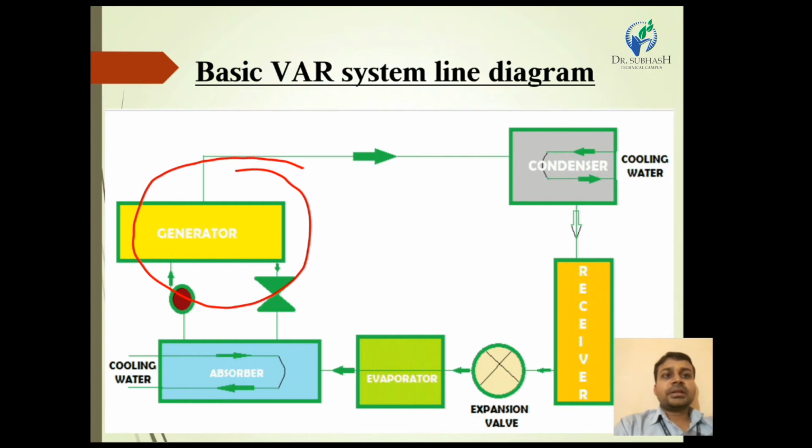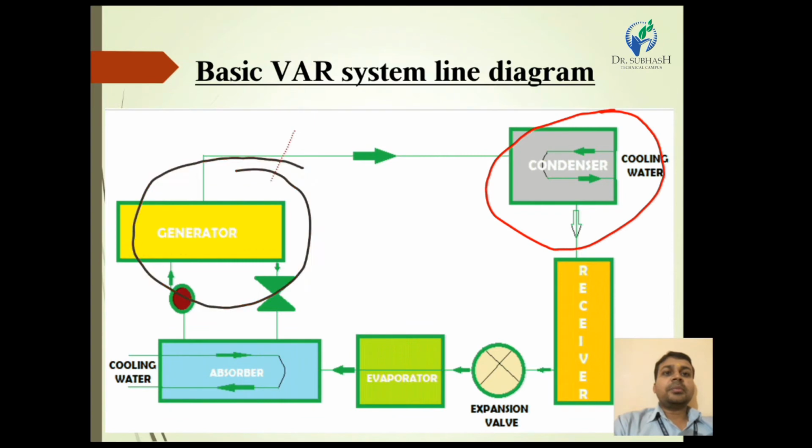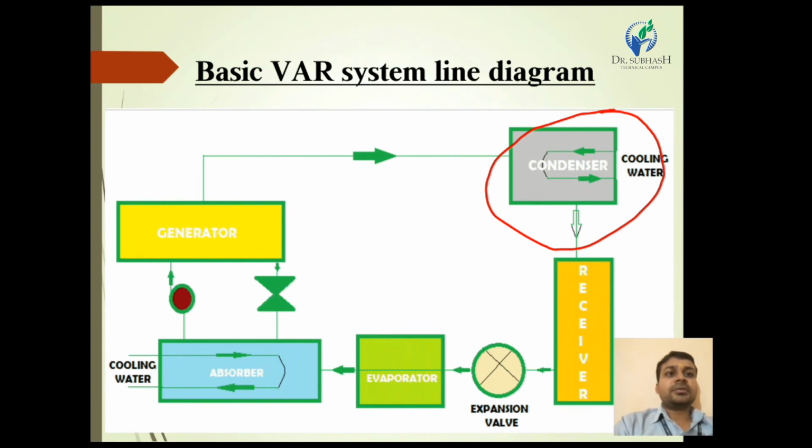In between the condenser and generator, the H2O is separated and returned back to the generator, and pure NH3 gas passes to the condenser. The main function of the condenser is to remove heat from the ammonia gas and convert it from gas form to liquid form.